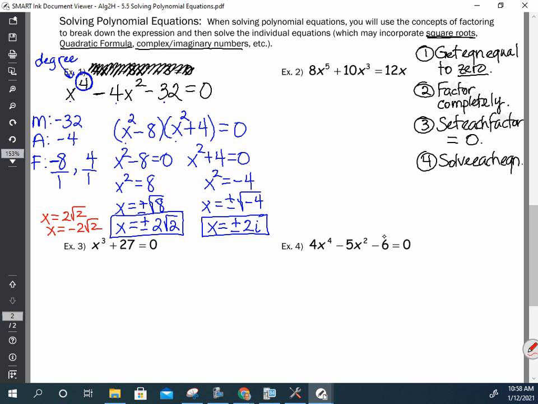There's 2 answers. x equals 2i. x equals negative 2i. There's your 2 answers. 1, 2, 3, 4 answers. There you go, problem's over. Any questions, example 1?